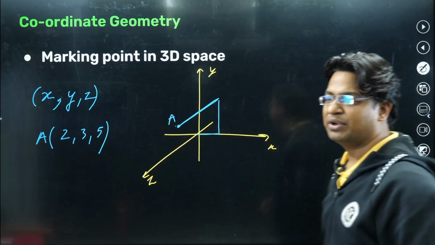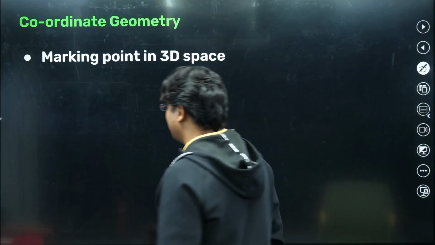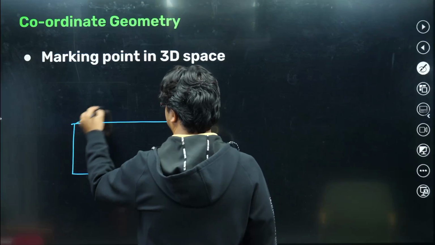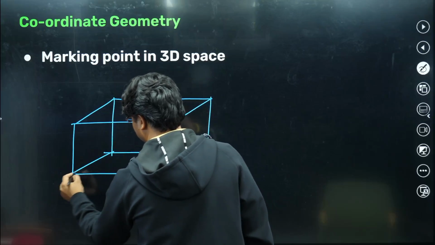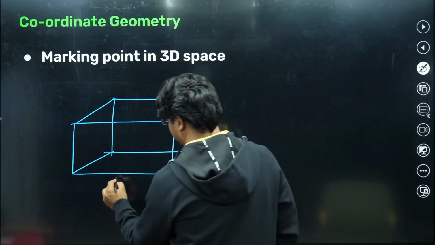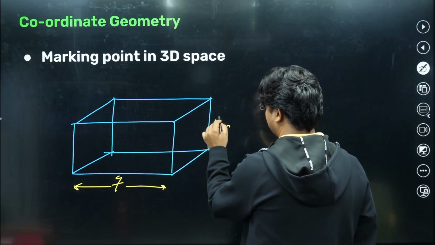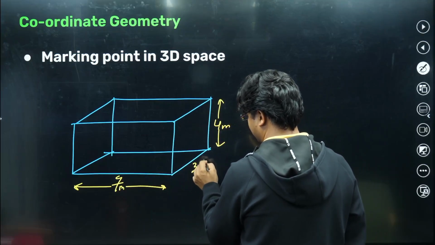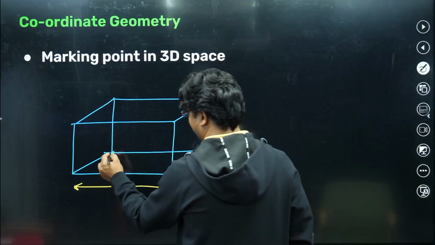Of course this diagram may not be that clear, so let me give you another diagram to make it clear. For that let's draw a cuboid. Let the lengths be: this is 7, this is 4 meter, this is 7 meter and this is 3 meter, let's say. Let us suppose that we have chosen this corner as the origin.